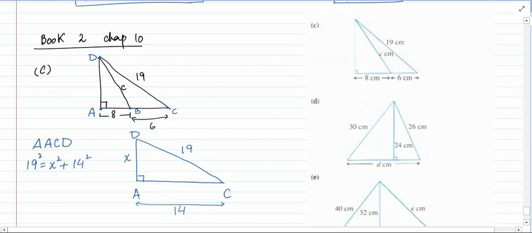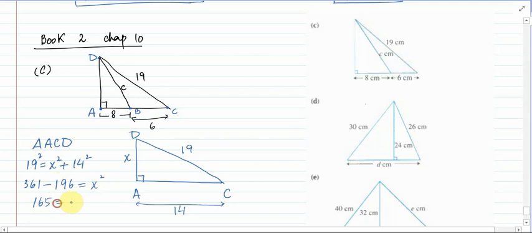We know that 19 squared is 361. 14 squared, when it comes to the left side, 14 squared is 196, equals x squared. Now 361 minus 196 gives you 165.